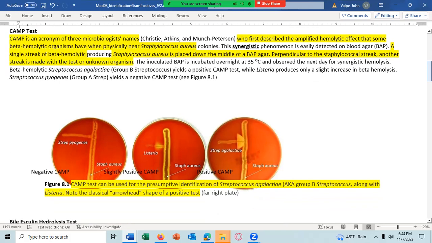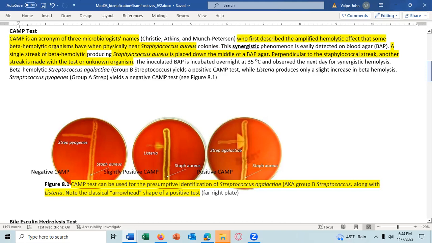CAMP is an acronym of the 3 microbiologists who discovered the test: Christie, Atkins, and Munch-Petersen, who first described the amplified hemolytic effect that some beta hemolytic organisms have when they're physically grown near Staphylococcus aureus.